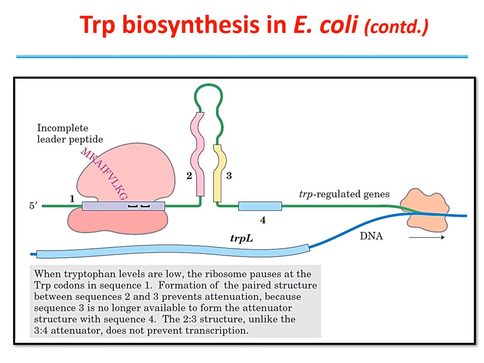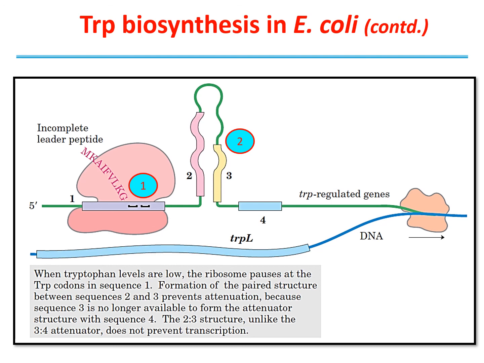In the second case, the tryptophan is present in low quantities. When the tryptophan is present in low quantities, essentially the cell requires the amino acid and it has to be synthesized. In that case, the ribosome will stall at the region 1, waiting for the charged tryptophan tRNA to be available. Now 2 will be free to bind with the region 3 and form a hairpin structure.